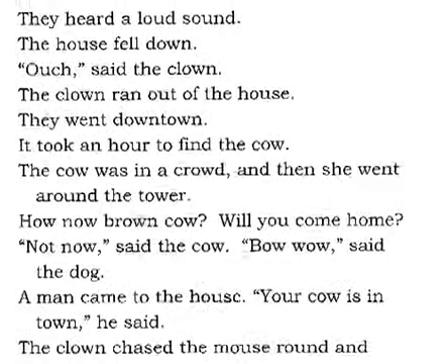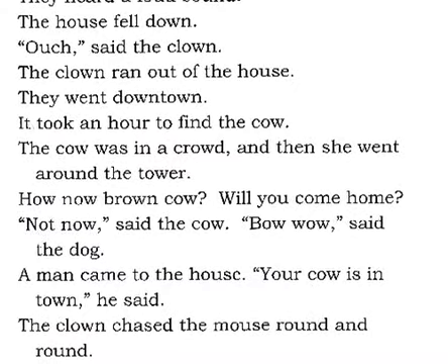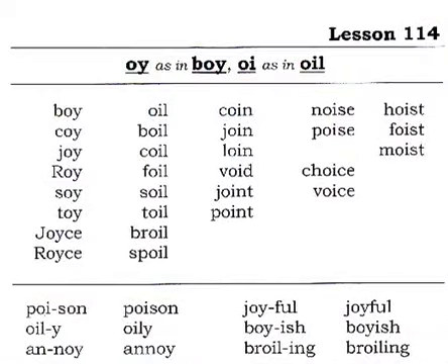Now, believe it or not, we have another vowel sound in English, pronounced oi. Oi, as in boy. And that particular oi sound is spelled O-Y and O-I. For example, the word boy is spelled B-O-Y, but the word oil is spelled O-I-L.